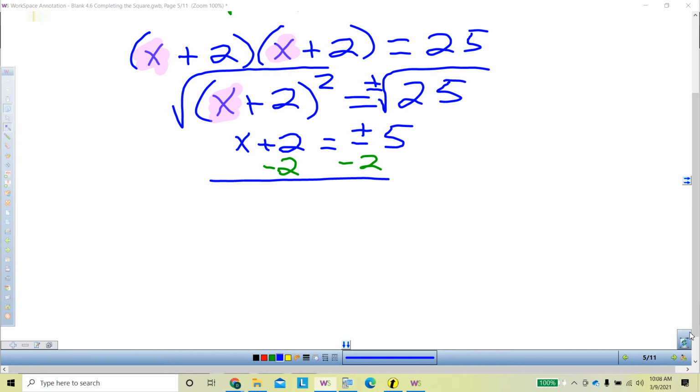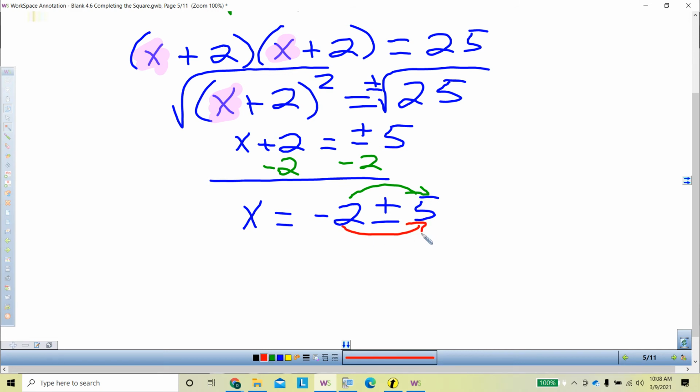Then we have x equals negative 2 plus or minus 5. So when I think of this, I do negative 2 plus 5, and then I do negative 2 minus 5. Like that.